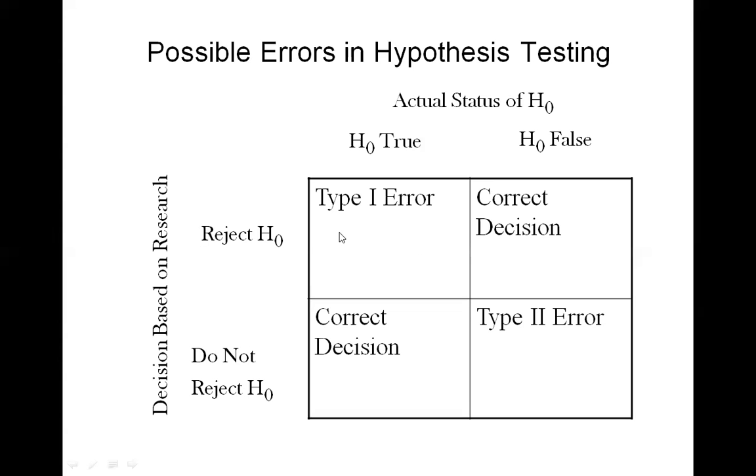That's not good. And when the null hypothesis is true, and you decide you do not reject the null hypothesis, that is a good decision. That is a correct decision, not an error.